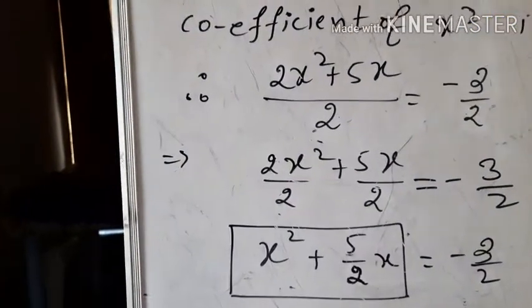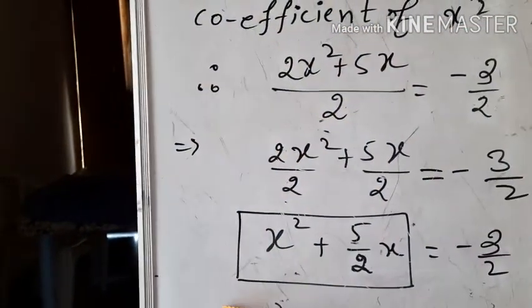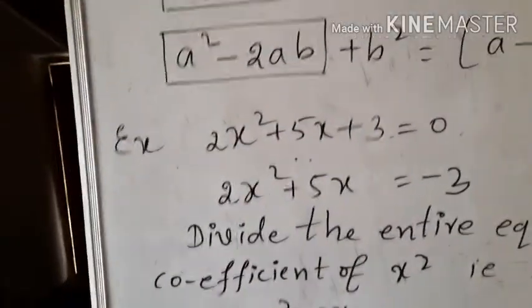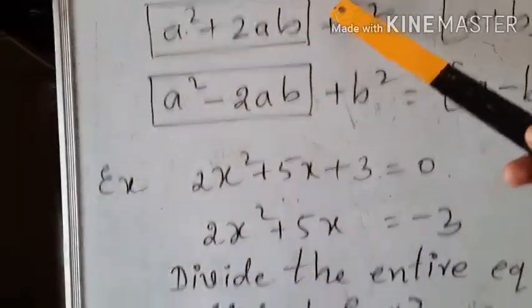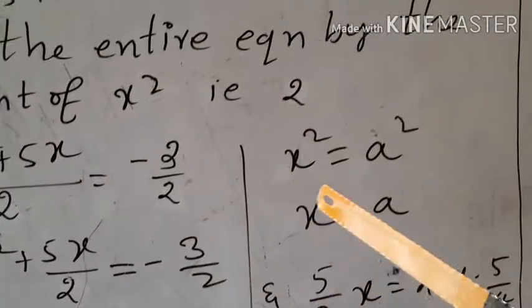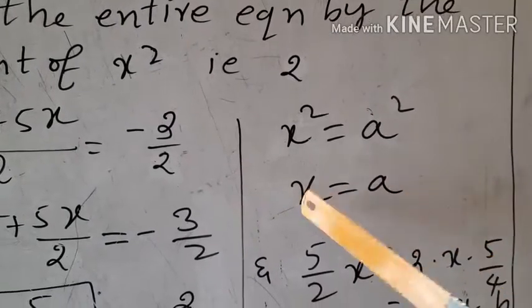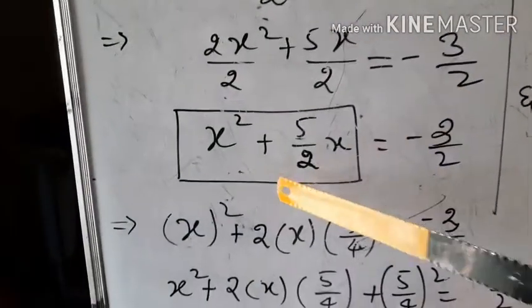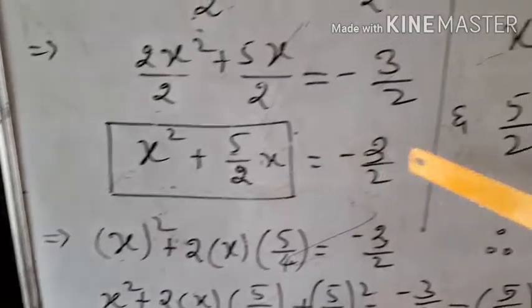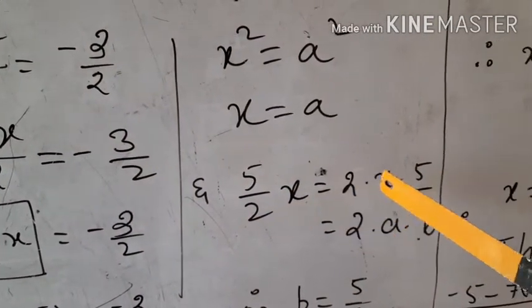Now where there is a square, there is x square here, and where there is 2ab, there is 5 by 2x. Thus children, x square is equal to a square implies a is equal to x. Then this 5 by 2x term is the 2ab term. Therefore, convert this 5 by 2x into 2ab form.